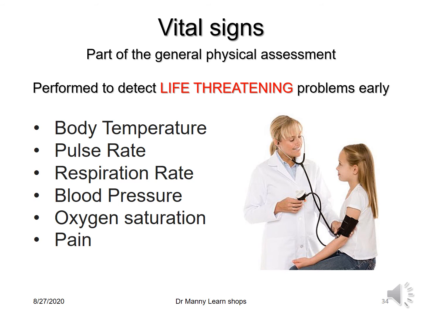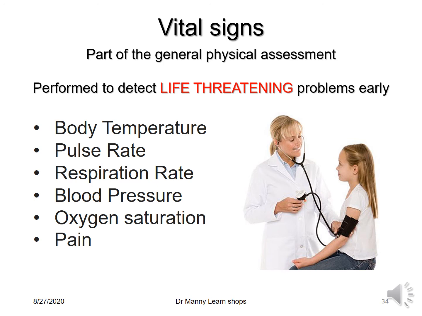When you're looking at their oxygen saturations peripherally, SpO2, determined through pulse oximetry, you're looking for normal saturation, euoxia, hypoxia, and in some situations, hyperoxia.